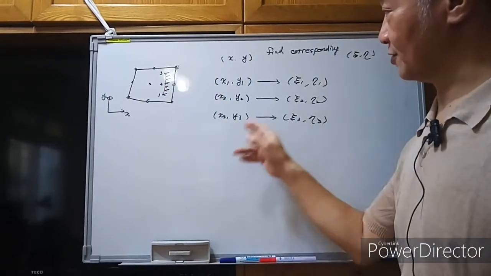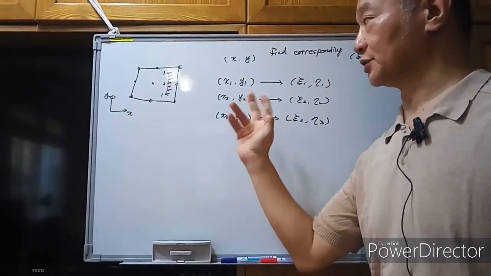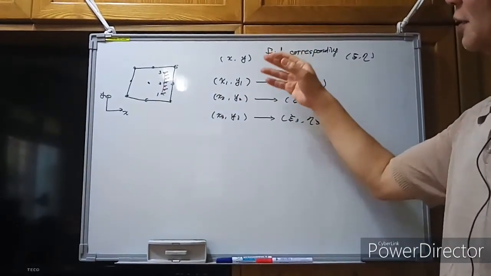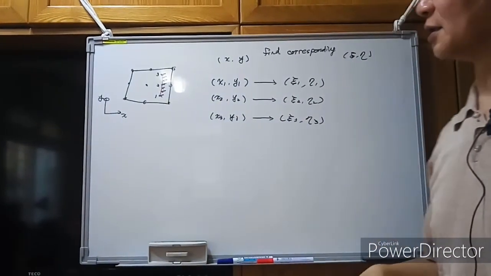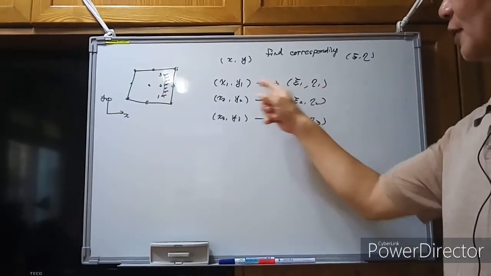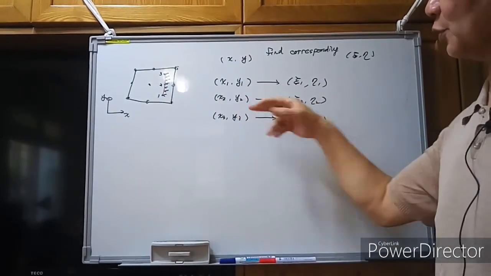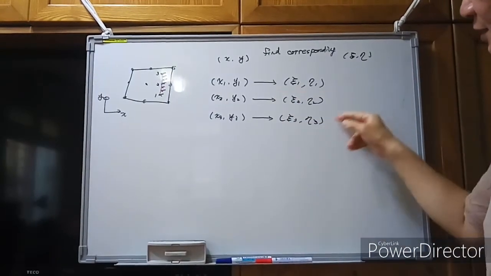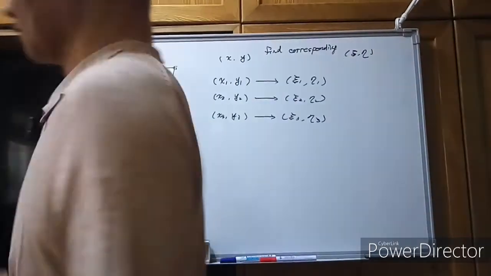So these three sets of xy coordinates are input from the user, and we can repeat the procedure. Use the trial and error procedure to find the corresponding c and eta. If we have the three points, we just repeat it three times, so we can get the three sets of c and eta corresponding to these three points.